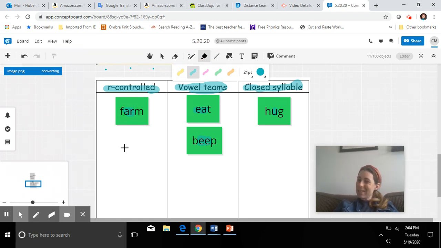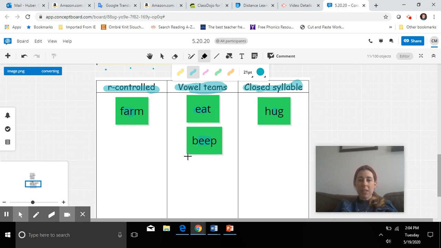Do you remember what sound that makes? A-R says R. What does it say? Good. Now that I know that, I can tap it out. Farm. Good. This says farm.